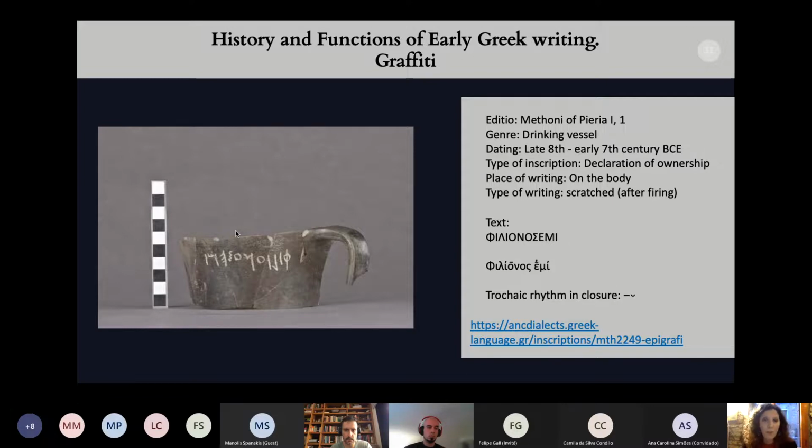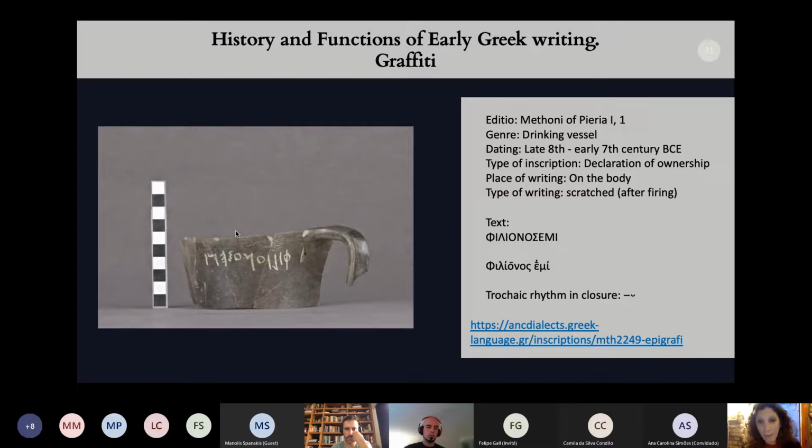So we have here what we in Italy call iscrizioni parlanti. That means the inscriptions that can speak for themselves. So in English, it's the ownership inscription. It's the inscription that is used to say this vessel is of this person.